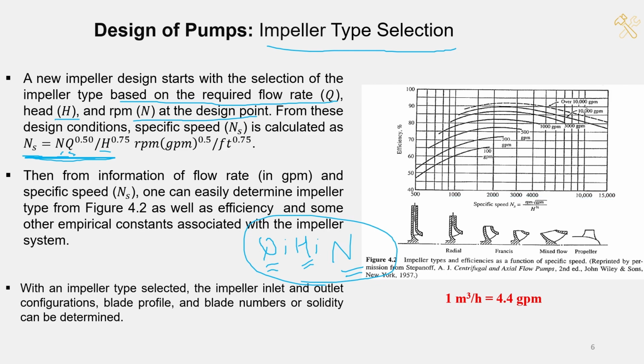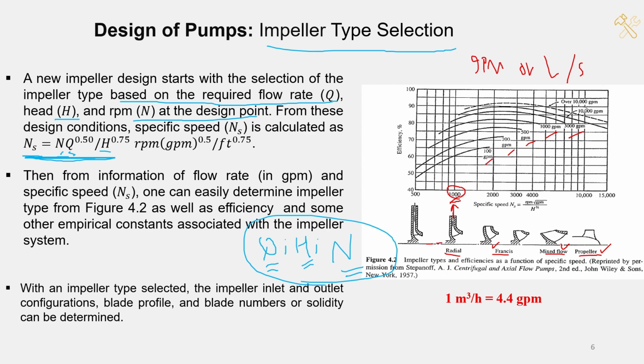Of course you know the volumetric flow rate, in gallons per minute, or liters per second, etc. It doesn't matter. But from the specific speed and the flow rate, you will determine what type of impeller you want: either mixed, axial, or Francis. In radial, you see the flow is exiting at 90 degrees from the axis of rotation.